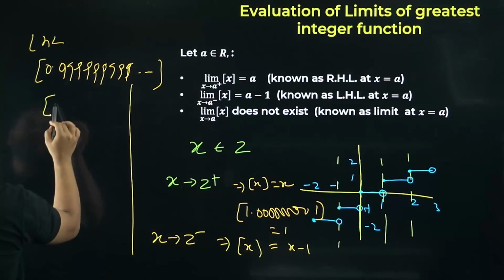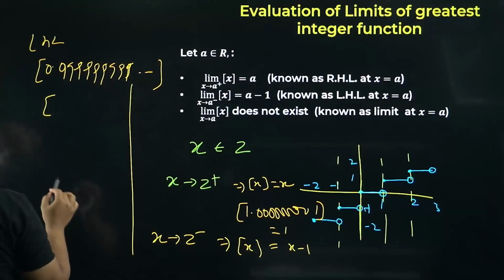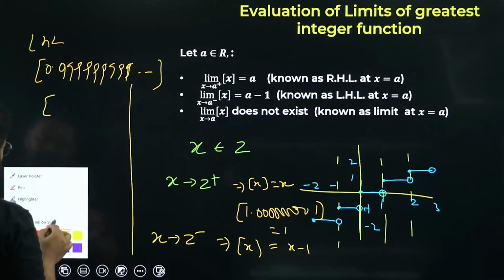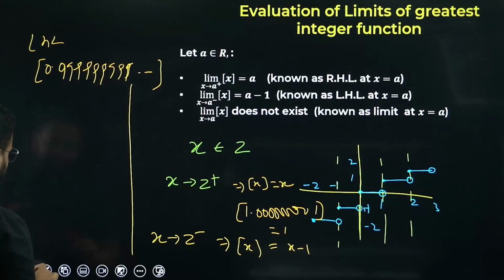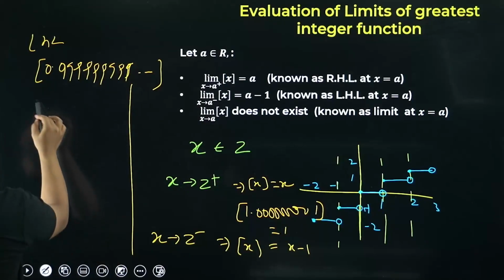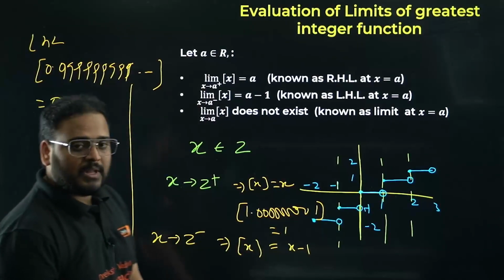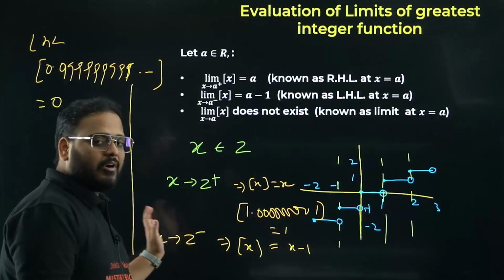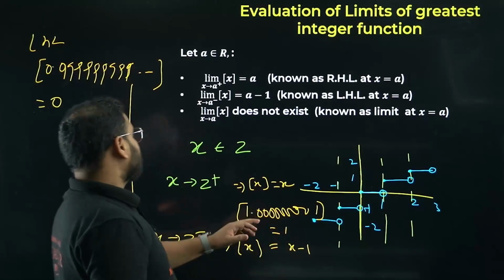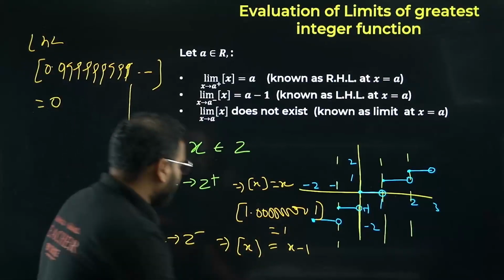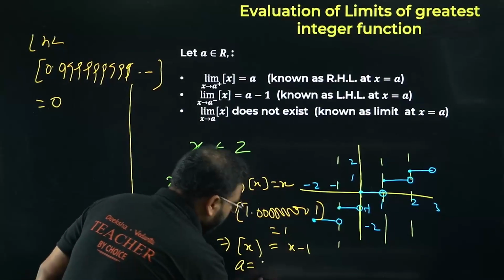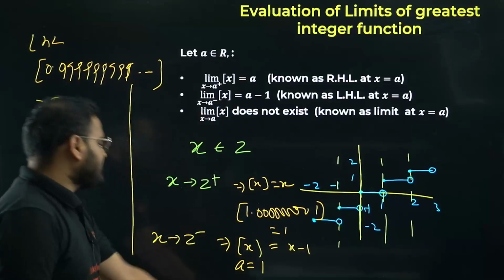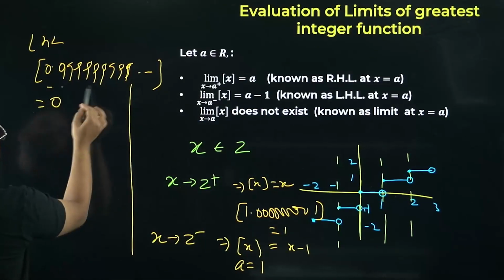The answer is simply 0. Yes or no? So if you try to approach this number from the left hand side, what is the answer going to be? Simply, the number was a equals to 1 if I'm approaching from the left hand side. What is this going to be? 1 minus 1.